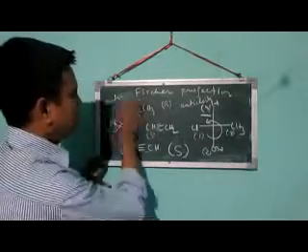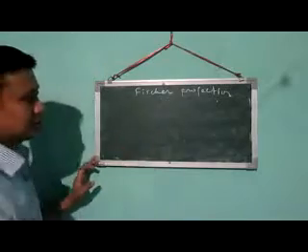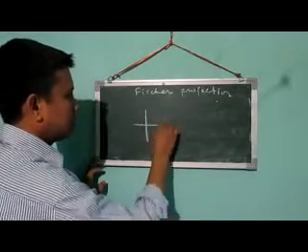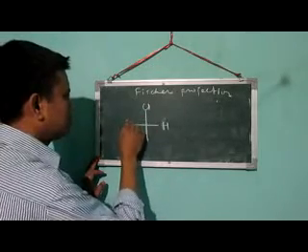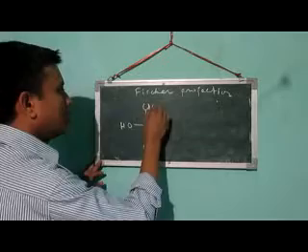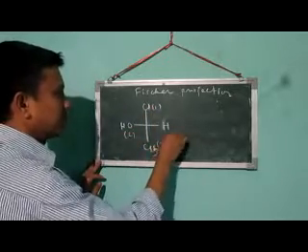Now come to one example where the fourth group is not present in the vertical bond. Suppose we write a similar example like this, where this is number 1, this is number 2, this is number 3, this is number 4.